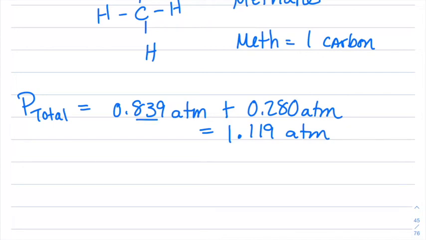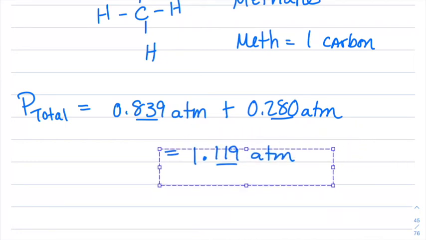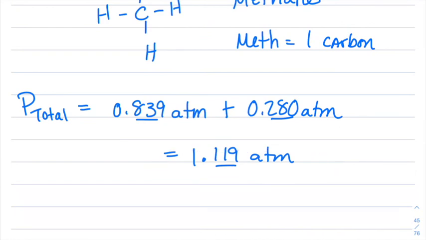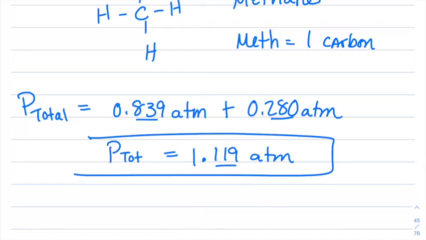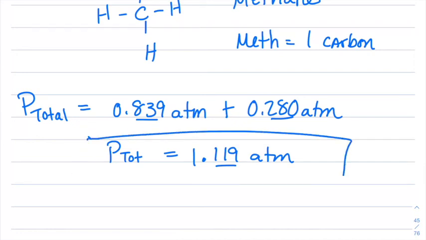So 3 digits after the decimal, 3 digits after the decimal, so I get 3 digits after the decimal. Any questions on how we found our total pressure for this gas, or I should say the system of gases?